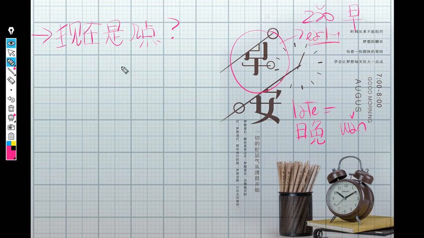Okay, so what time is it? Oh, it's too early to go into the class or something. So too early is 2. 2 is tai, right? So tai is this. Tai 早了，太早了，太早了，太早了。So it is too early.